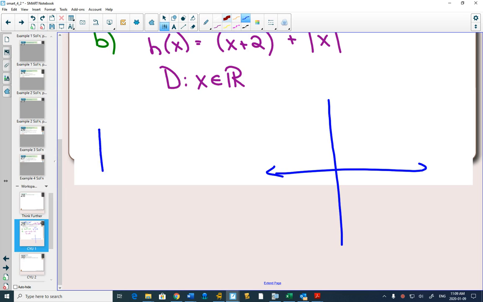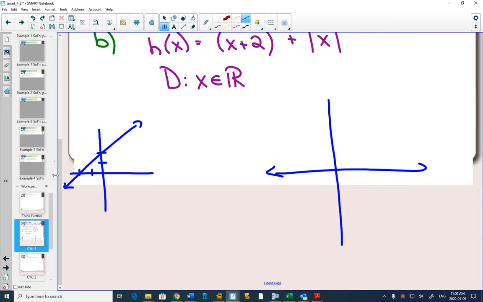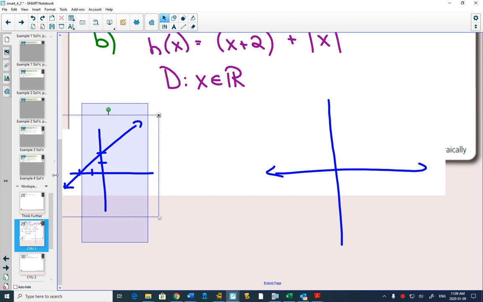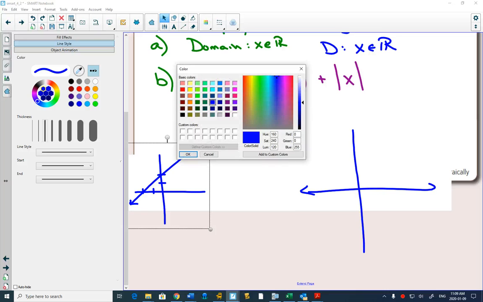So I'm going to draft my x plus 2 graph here. Is that one supposed to be blue? No, that's supposed to be green. Green, no, that green.